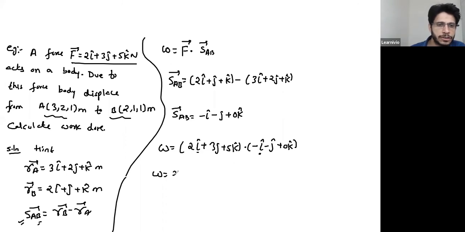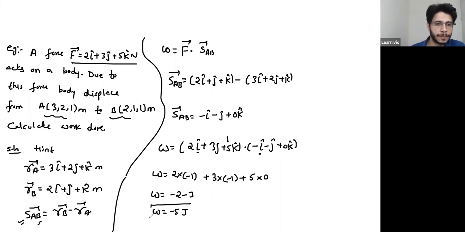So just multiply this 2 with minus 1. Similarly, the coefficient of j cap is 3, and here the coefficient of j cap is minus 1. So that's 3 into minus 1. The coefficient of k cap is 5 and here k cap is 0. So the work done is minus 2 minus 3. The work done is minus 5. This is the work done, minus 5.